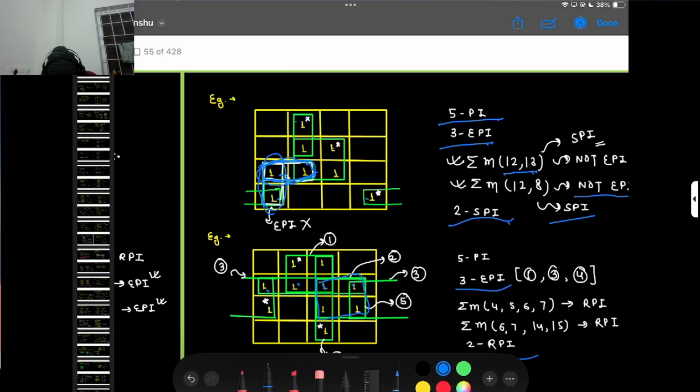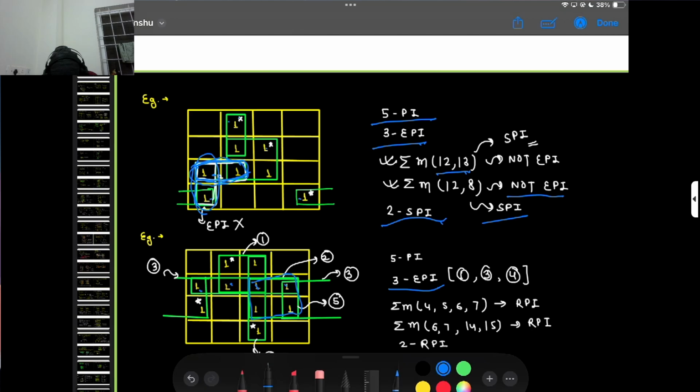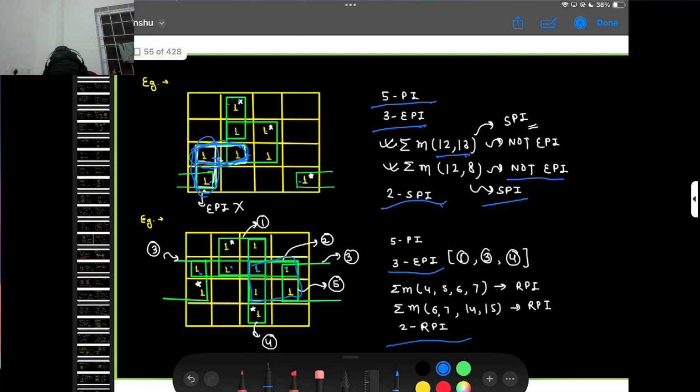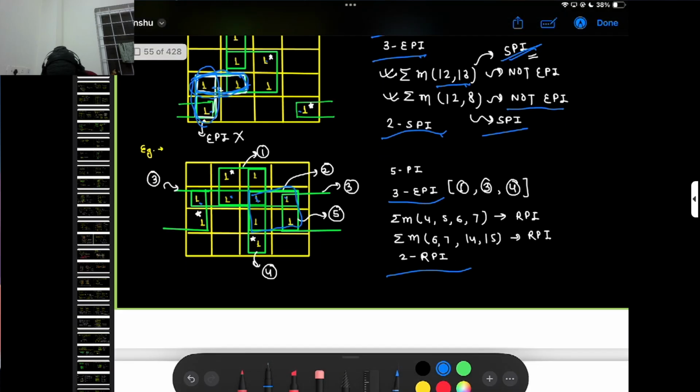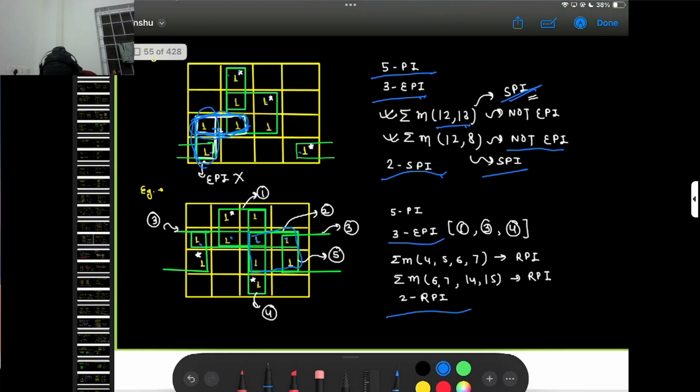So before that, why is it SPI and why is it RPI? So basically, the EPI is this, for this bit covering we need it, but if we go through the red pen, this will cover these two bits.